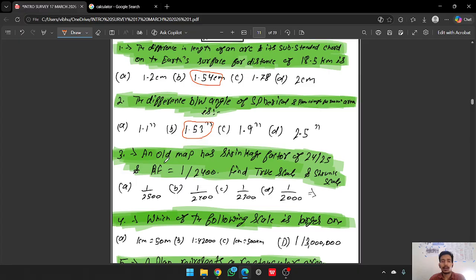Old map means we have to assume old map is the father and the god, means original. Old map has shrinkage factor of 24 upon 25.